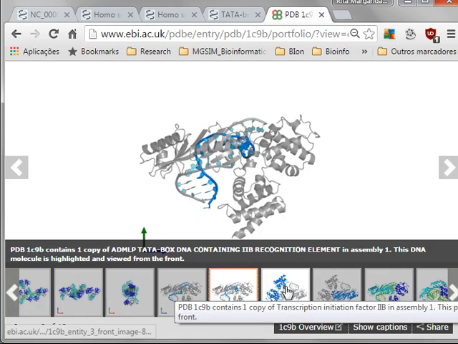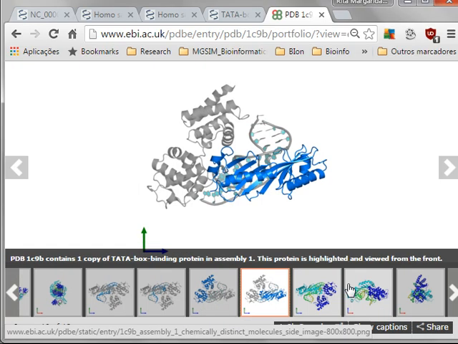Here is the other strand of DNA, with emphasis here on one part of the protein, one subunit, and the interaction with the DNA.